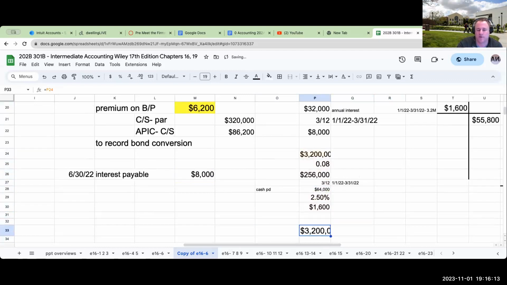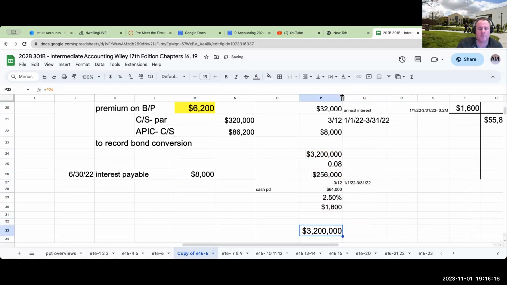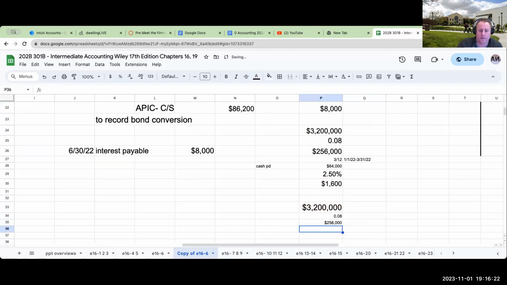So this is 3.2 million. This is the remaining bonds outstanding. These were outstanding for the entire time. So we've got 0.08, which is the annual interest. I then need to multiply this by 6/12 because this was outstanding from 1/1/22 to 6/30/22.